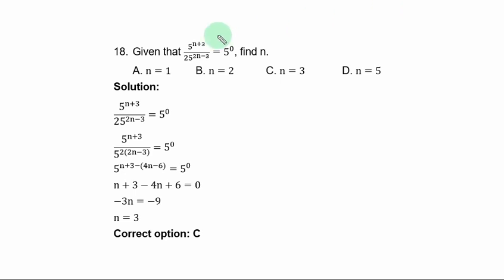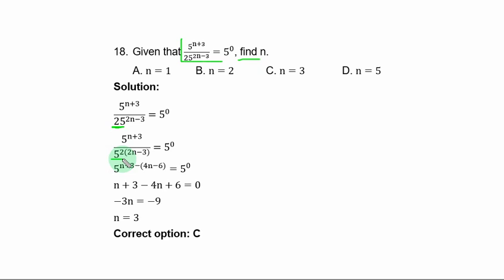Question 18. Given that 5 to the power of n plus 3 over 25 to the power of 2n minus 3 is equal to 5 power 0, find n. One way of doing this is to express all the bases to the common base of 5. So you express 25 as 5 squared. If you evaluate the left hand side, the bases are the same.